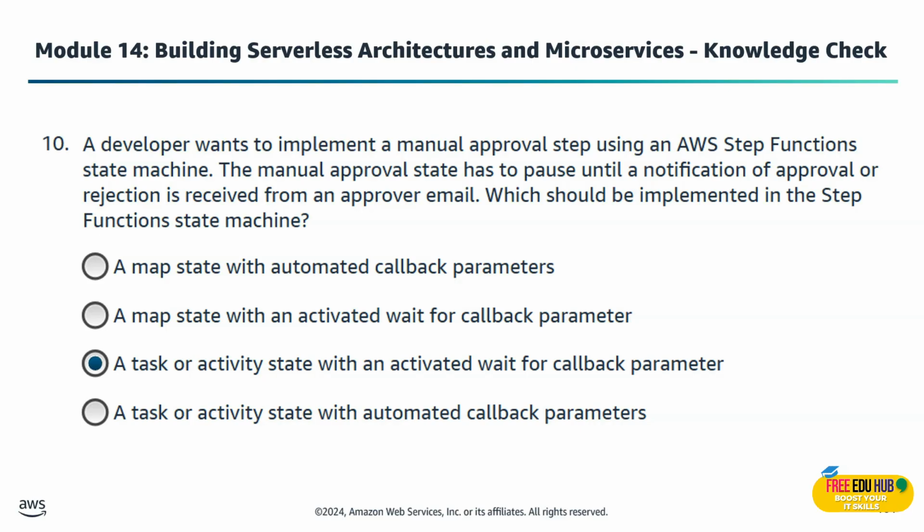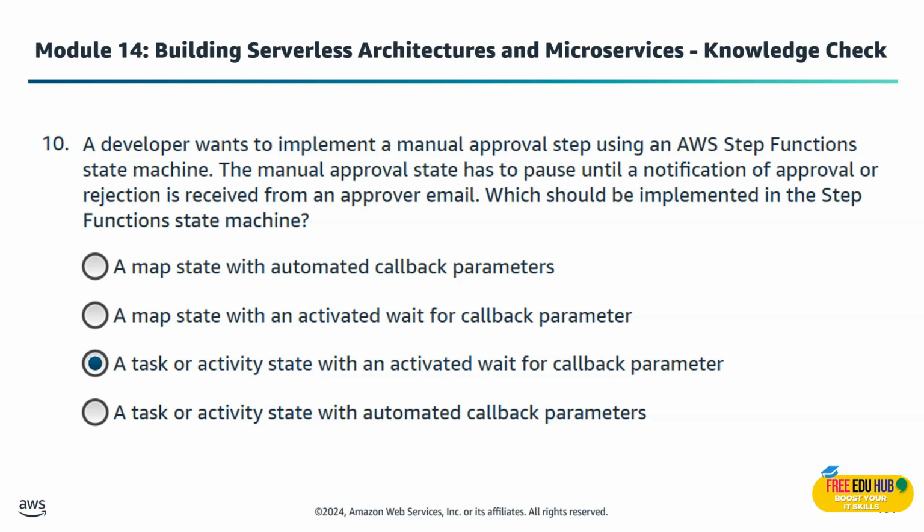So the right answer is a task activity state with an activated wait for callback parameter. For manual approval, the state machine pauses execution until an external signal like an email approval sends a callback token. That's done when a wait for callback is configured in a task or activity state.